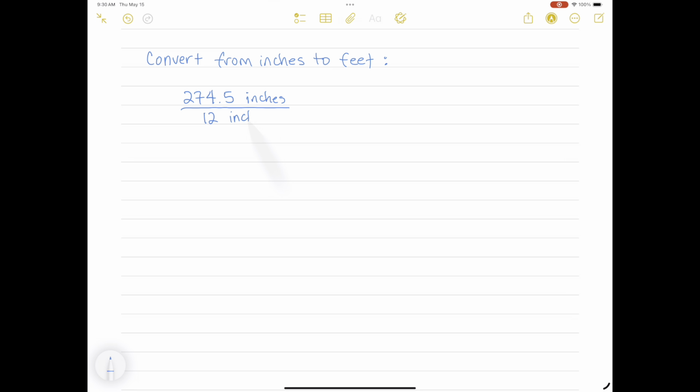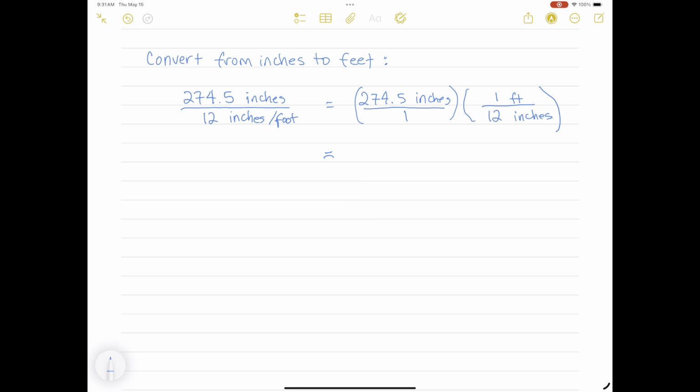To convert from inches to feet, for example, here we have 274.5 inches divided by 12 inches per foot. This equals 274.5 inches times 1 foot per 12 inches. So you can think of it as multiplying fractions.